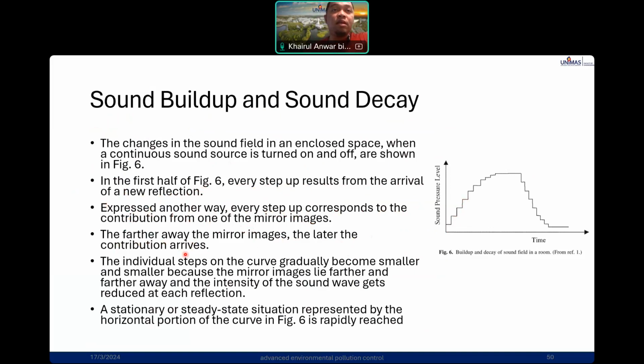The individual steps on the curve gradually become smaller and smaller because the mirror image lies farther away and the intensity of the sound wave gets reduced at each reflection. A stationary or steady state, represented by the horizontal portion of the curve in figure 6, is rapidly reached here.